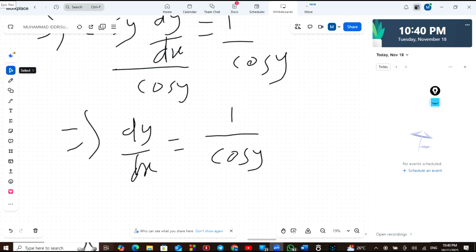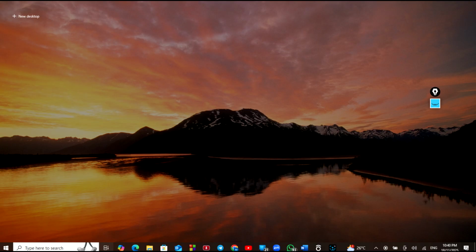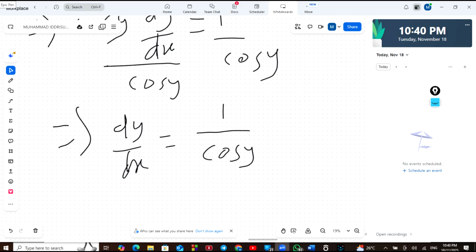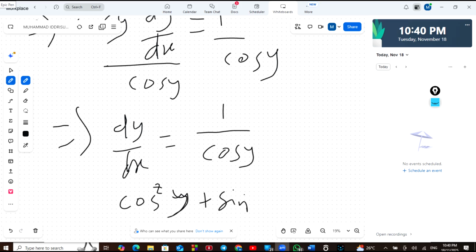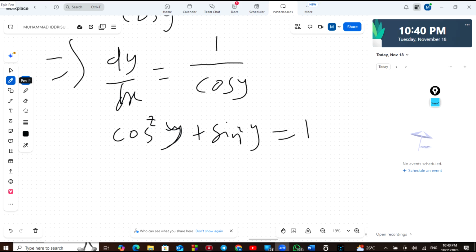But from the identity, we know that cos squared of y plus sine squared of y equals 1. We are looking for everything in terms of sine y, so we have to substitute cos y. From here we can make cos y the subject.